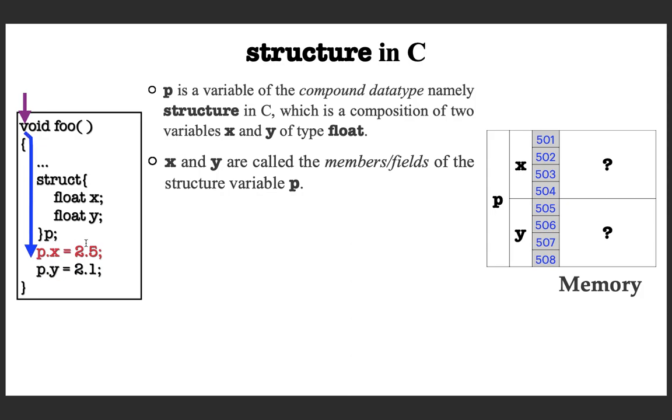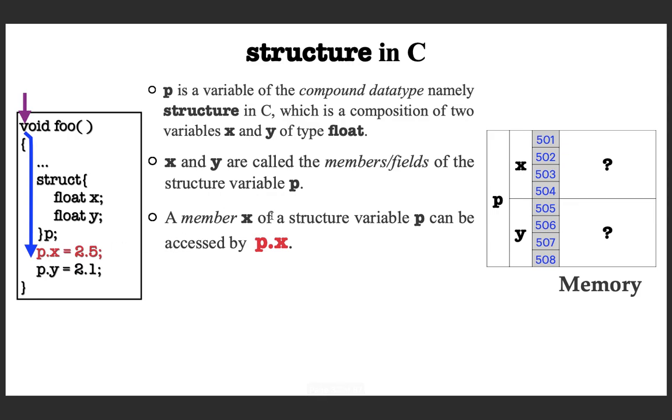What is it? A member x of a structure variable p can be accessed by the syntax p dot x. So the field x of p is represented by p dot x. It says you assign 2.5 to the component x of p. If you execute, what will happen? X will get 2.5.